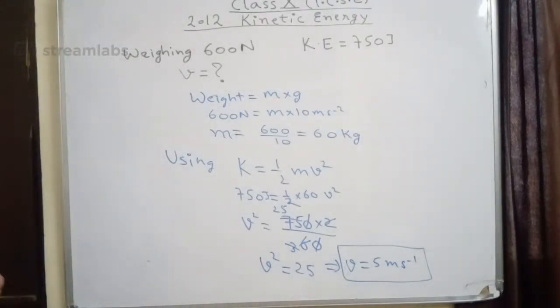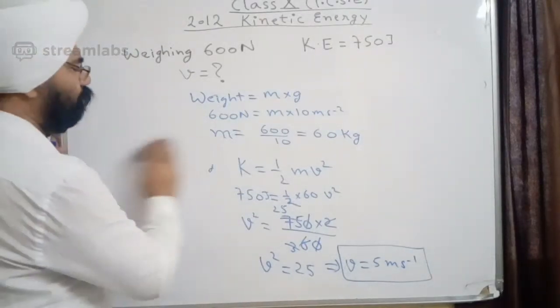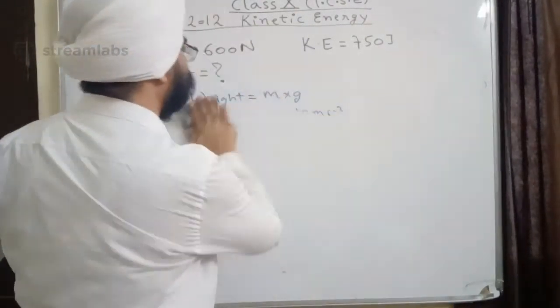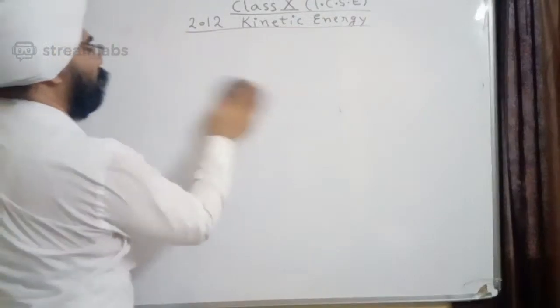We take one more example. So these are simple questions, all of you can do it, no issue in these. We take one more example, and this one is interesting. How is the kinetic energy affected?